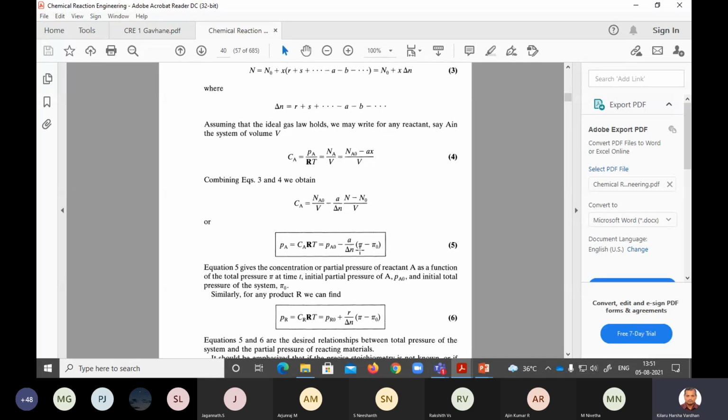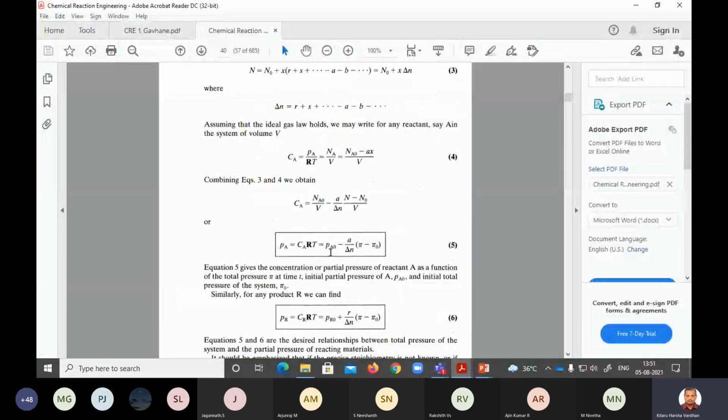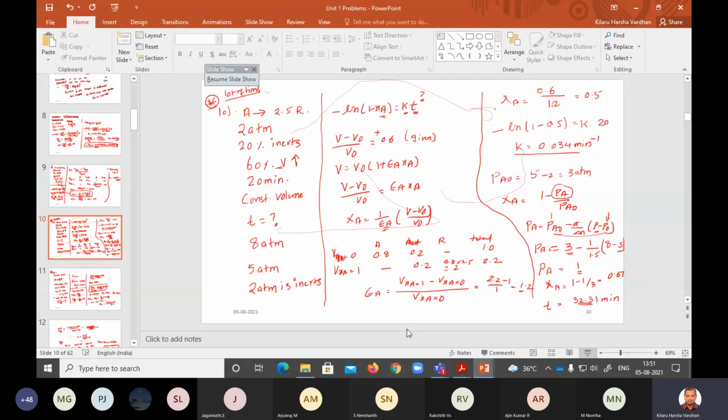So that is why he gave it in terms of pi minus pi naught. But I am comfortable using P naught like that. P is the total pressure, P naught is the initial total pressure. If you are comfortable with this kind of notation, you use the same notation. That's up to you. Okay. Yeah, any doubt here?